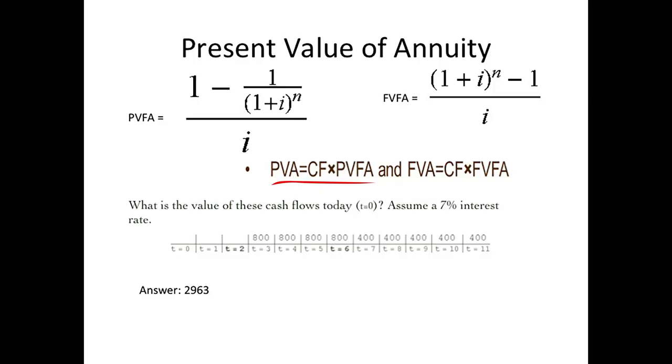For present value, that would be the PVFA formula on the top left. The future value of annuity is simply cash flow times the future value factor for annuity, using the formula to the top right.